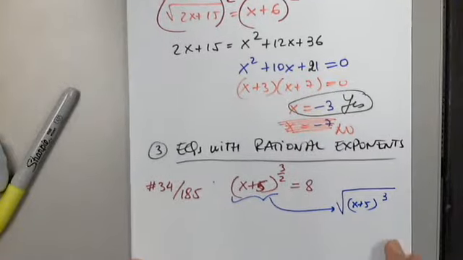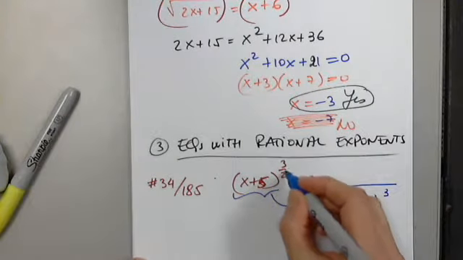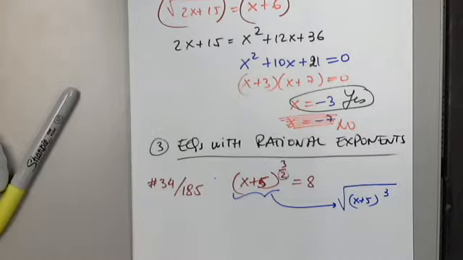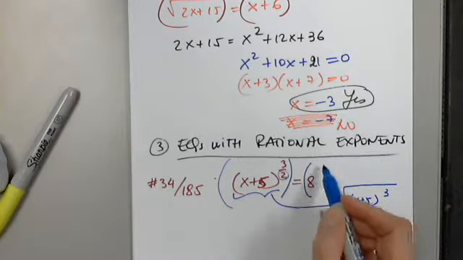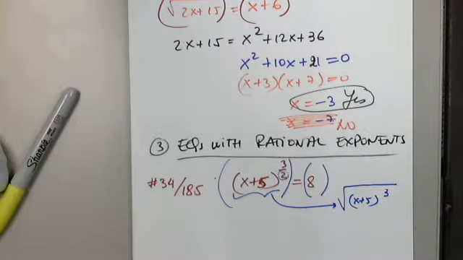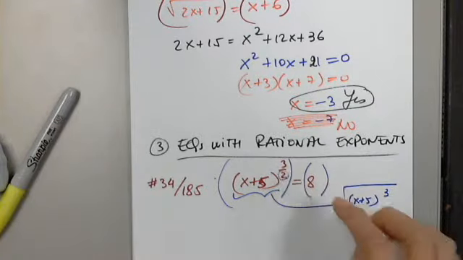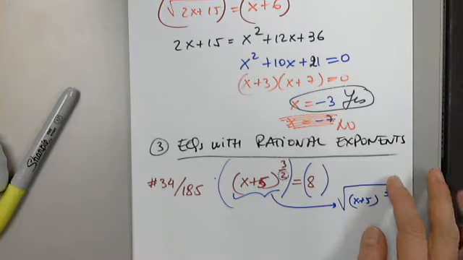So I recommend first we eliminate the denominator. What should I raise both sides to eliminate the denominator? Remember the denominator is 2, so this is 1/2. So it's just like the square root.